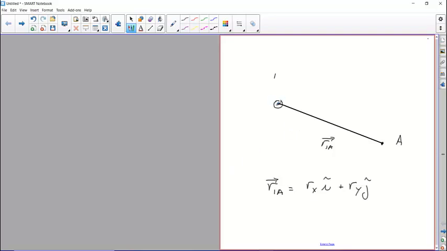In this particular example, R sub X would be positive and R sub Y would be negative. So there we go, that's the vector. Now, this charge is going to have some value, charge Q, Q1.